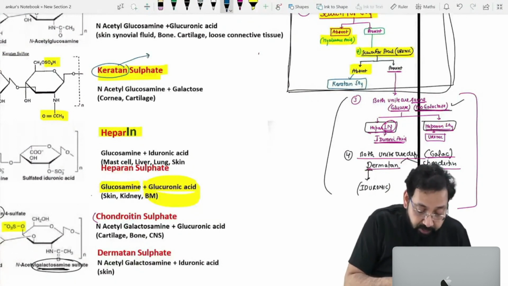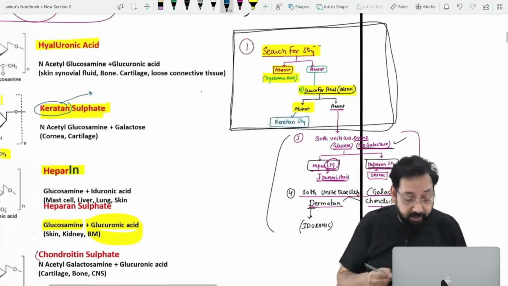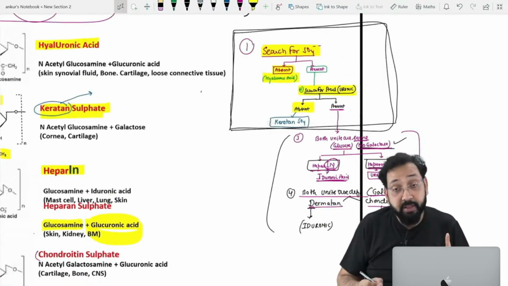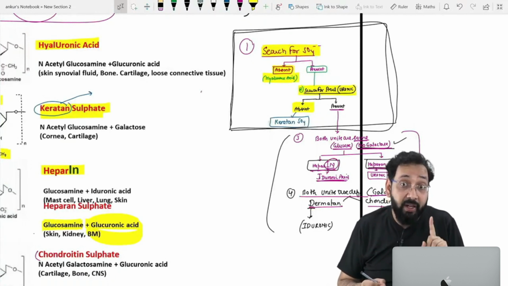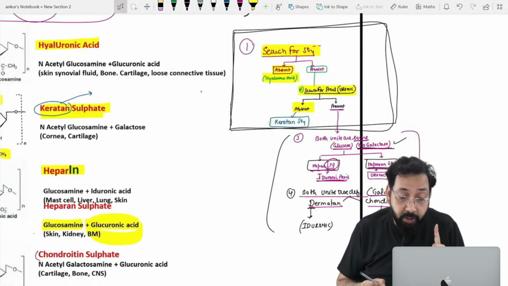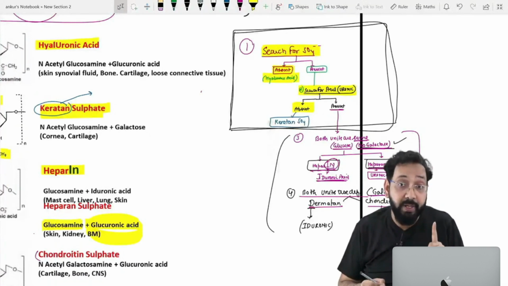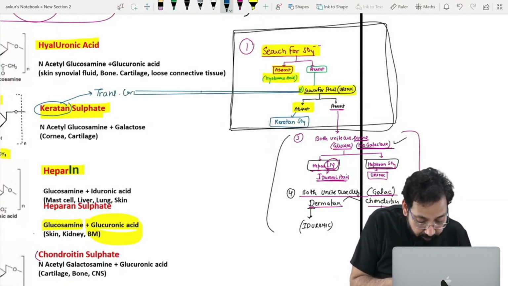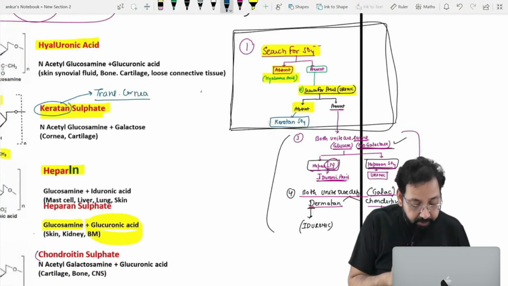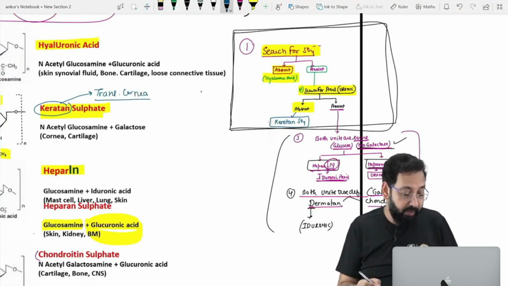A recently asked single-liner question: keratan sulfate is present in the cornea, and transparency of the cornea is maintained by keratan sulfate.